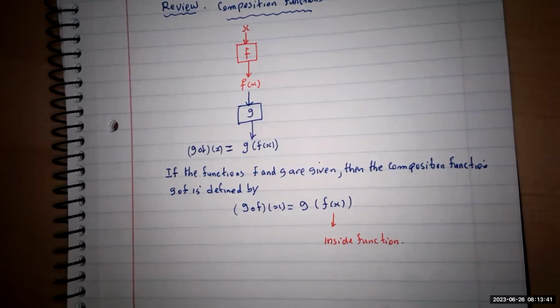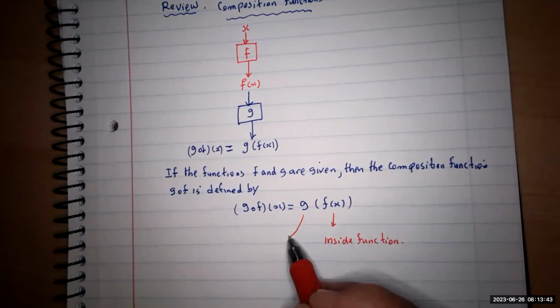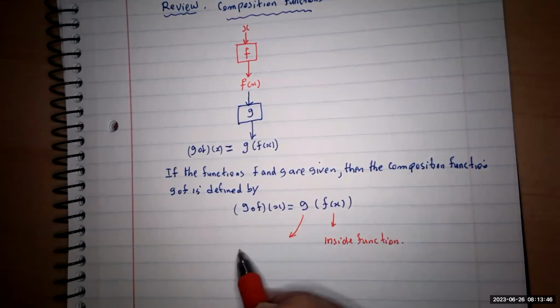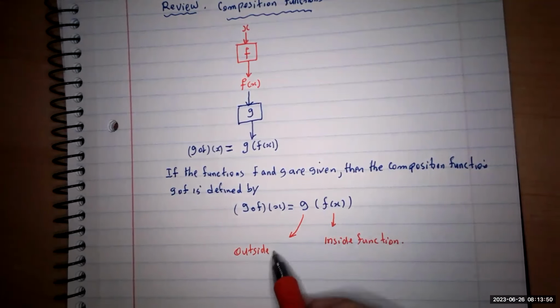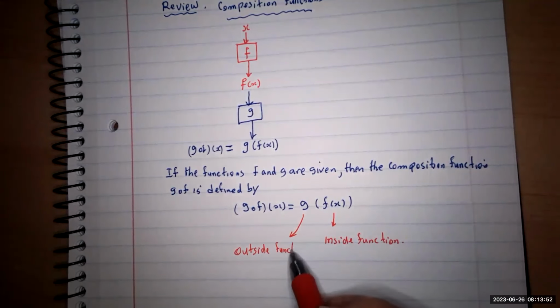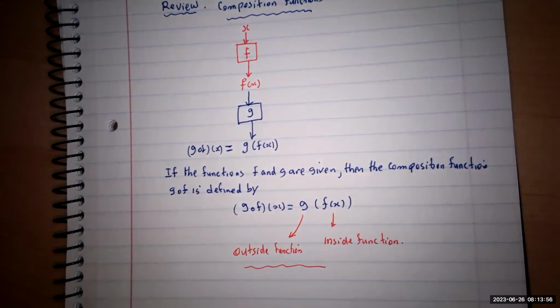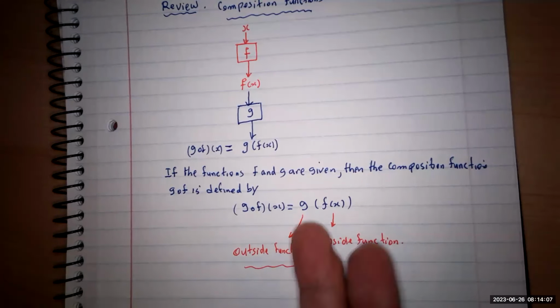And this function over here, g, we are going to refer to it as an outside function. So that would be the composition of two functions. Any question? Similarly, of course, if you switch f and g, you have to switch your functions.